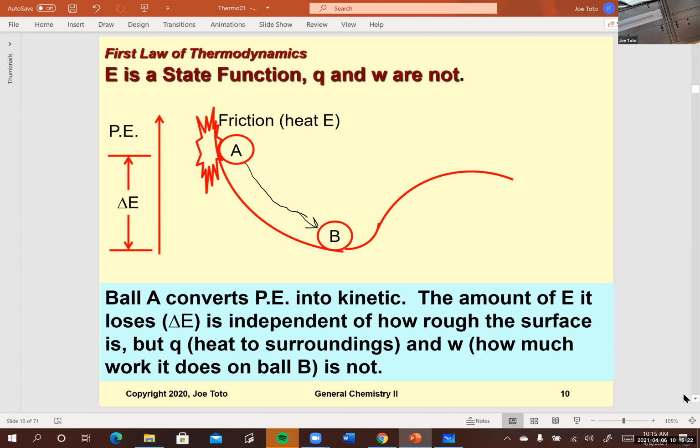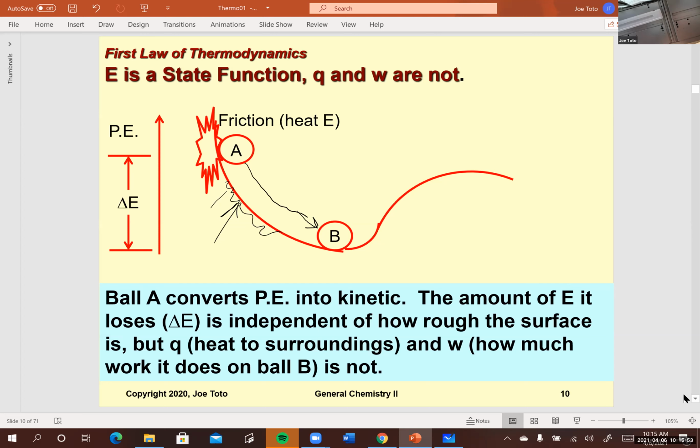In other words, is this path here smooth, or is there a lot of bumps on it? Because if there's a lot of bumps, heat's going to be given off here, and this path is going to heat up, and it's not going to hit ball B with as much kinetic energy, and so it's not going to do as much work on ball B.